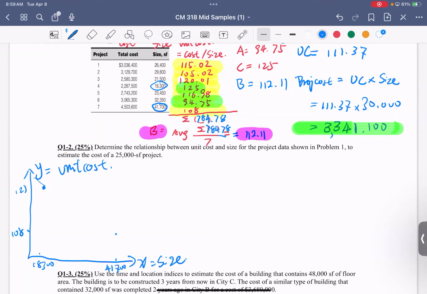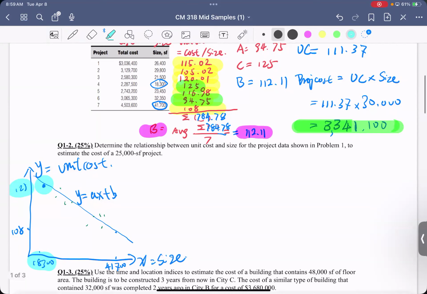So now you will have a relation here: y is equal to ax plus b. And you will find some other 125 projects, maybe random from over there, right? So that is the sample plot. You only need to highlight the minimum size and the corresponding y, and the maximum size and the corresponding y.